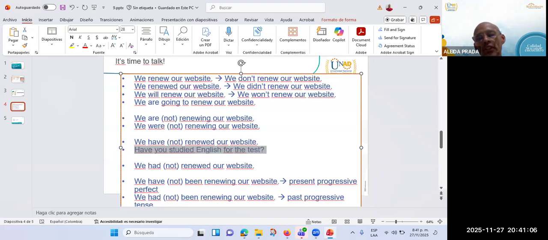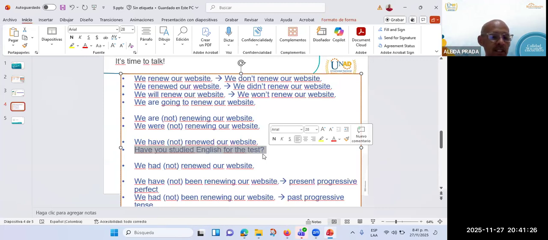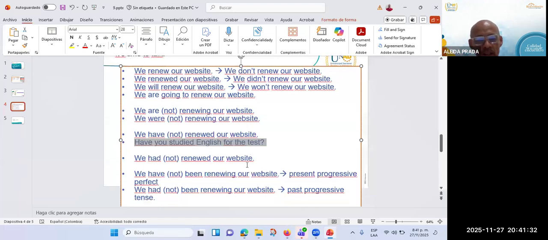Maybe you don't understand what it means, present perfect, but you use this sentence. Have you studied English for the test? ¿Usted ha estudiado para el examen inglés? ¿O usted ha estudiado inglés para el examen? Se dan cuenta, eso es una oración común y corriente que nosotros utilizamos dentro del español. Y en el inglés es así. Have you studied English for the test? ¿Sí? ¿Usted ha estudiado inglés para el examen?